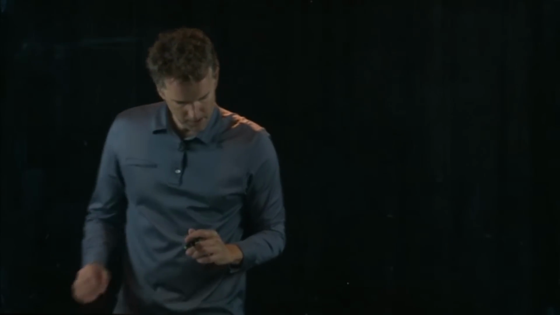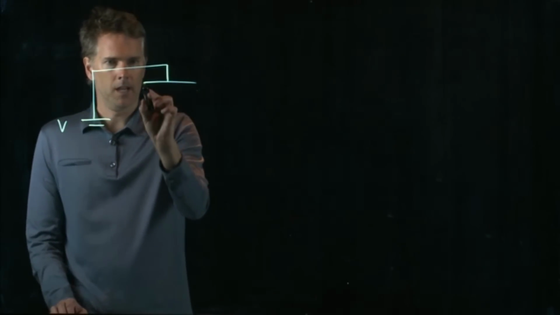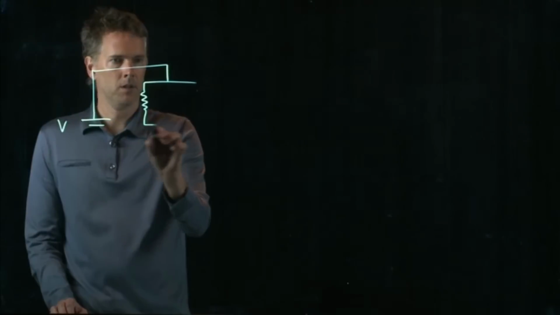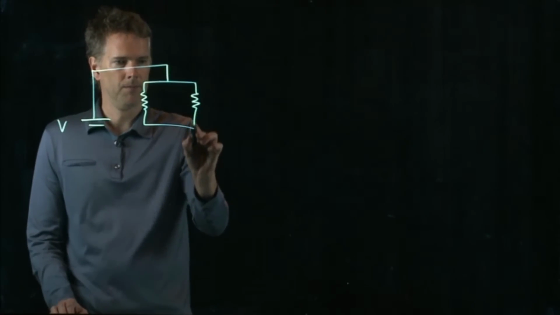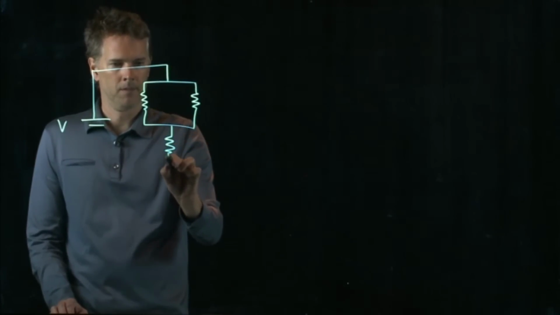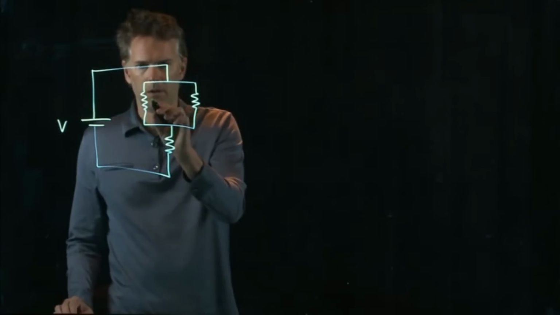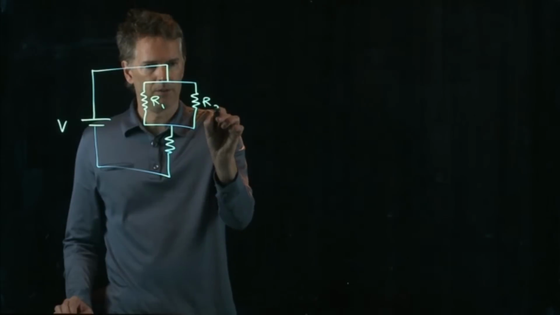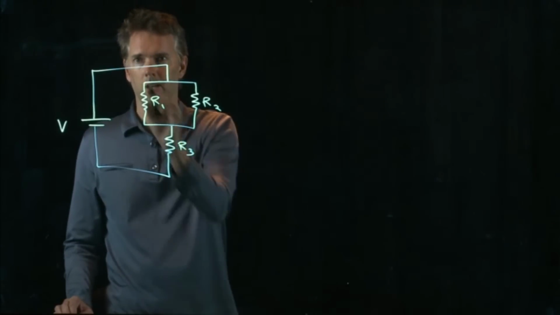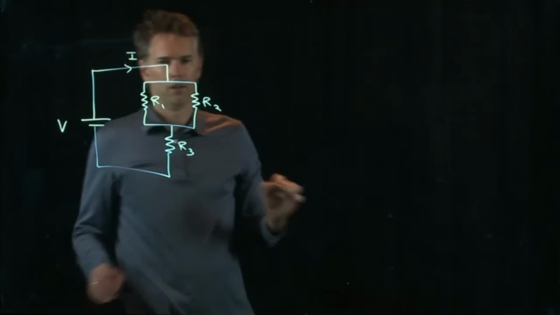Okay, so let's redraw the circuit the way we had it. We had voltage V, and then we had two in parallel, like so. And I think these were R1, R2, and R3. Is that how we had it, guys? Okay.